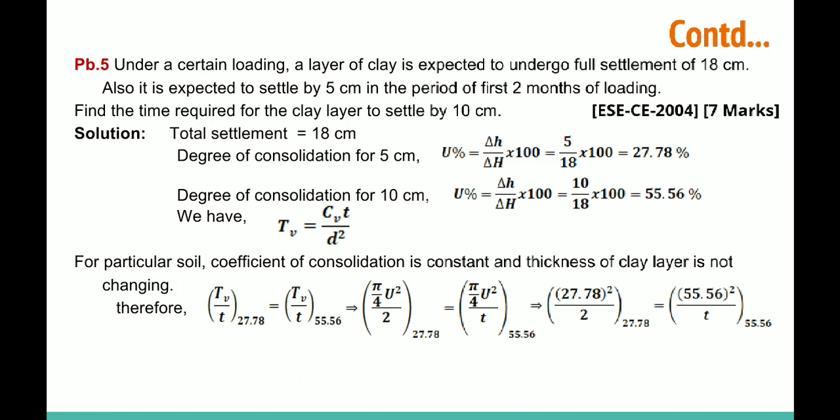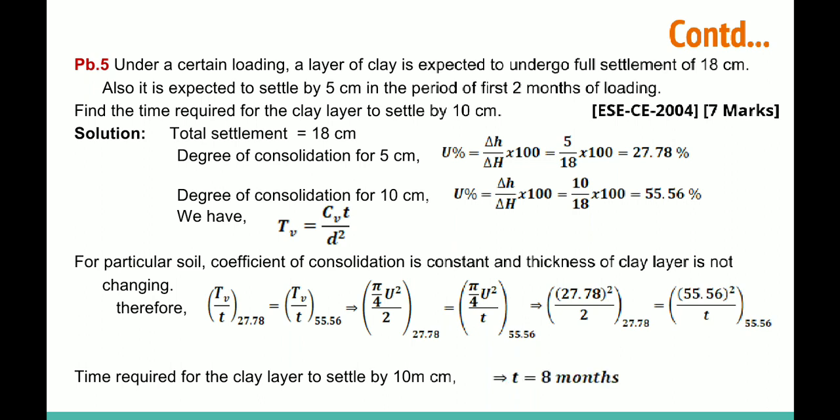So we can get the t value, that is time required for the clay layer to be settled by 10 centimeter. 10 centimeter, okay, not 10 meter, centimeter. So that we get 8 months, right? Here it is 10 centimeter, not 10 meter.